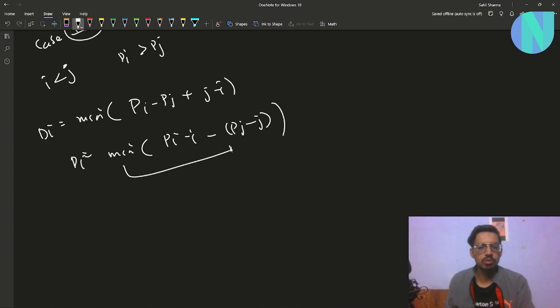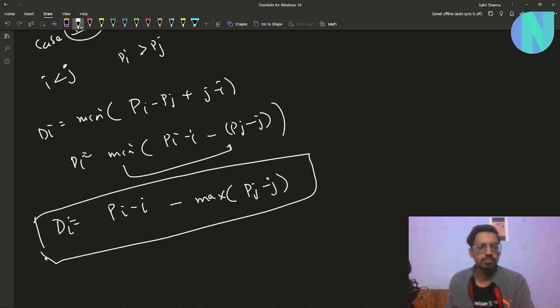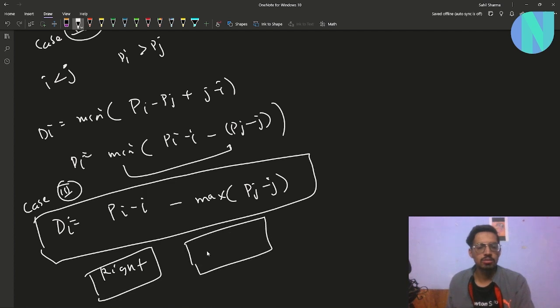Again I will shift the minimum over here, so you get d of i is equal to pi minus i minus maximum of pj minus j, right? So this is your third case, that is your element is lying on the right side and it is smaller.